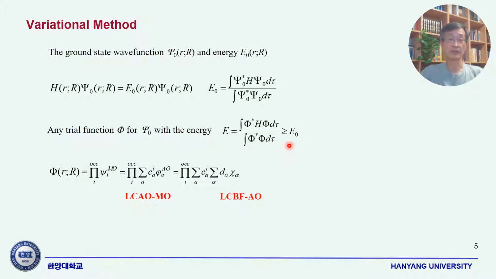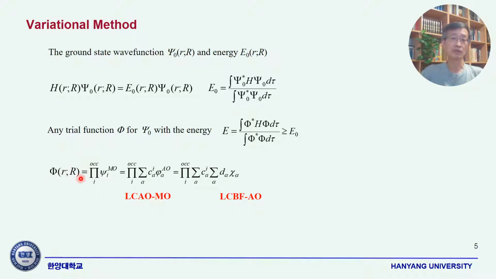That's what the variational method tells us, and that guarantees that as we try our best to approach psi naught, our energy is still greater than the true energy. So try as hard as you can. That's what the variational method drives us to do.